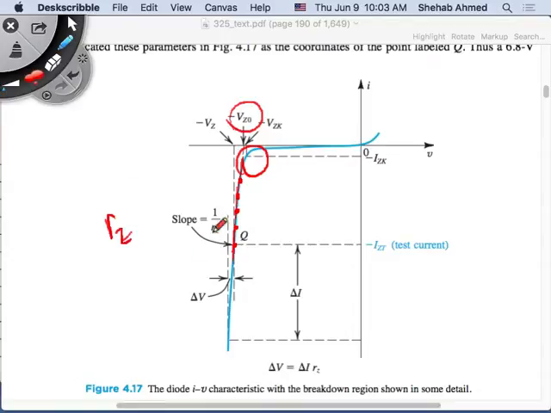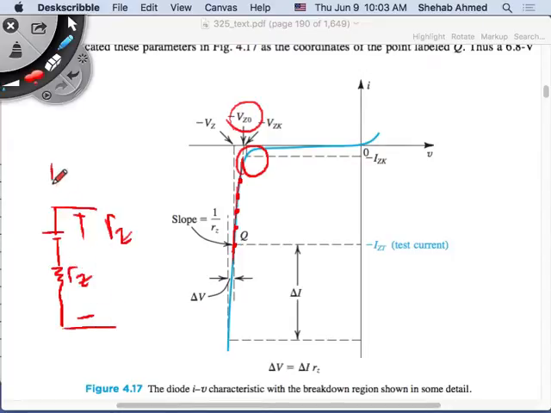RZ is basically 1 over the slope. So if the slope is not changing much here, then I'm not changing VZ0 at all, and I'm not changing RZ. That's the conclusion here. That's why you can assume that VZ0 and RZ are the same. Now, current was flowing through VZ0 and RZ. What is the output voltage here? This is the output voltage, right? This is RZ.